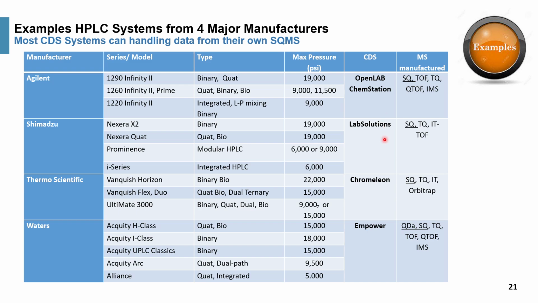And we have LabSolutions for Shimadzu, Chromeleon for Thermo Scientific, and then Empower, and also shown are some of the mass specs that are more compatible. Typically, the CDS can control a single quad mass spec routinely. Also shown here are different types of HPLC, UHPLC, and the maximum pressure in different series and models.